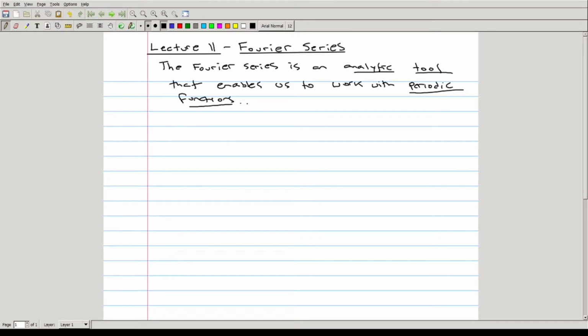But that's not all. It has many other very important mathematical and applied applications. Specifically, one of the applications that we'll see in a little while is that we can use the Fourier series to solve very special types of boundary value problems for partial differential equations, as well as to investigate solutions to ordinary differential equations. So it's a very versatile tool in many respects.